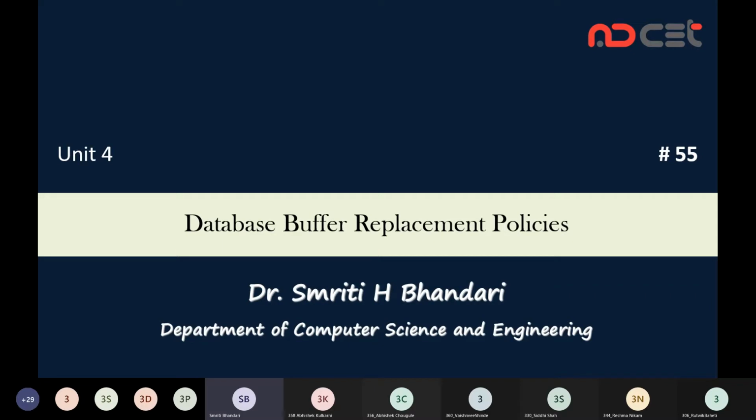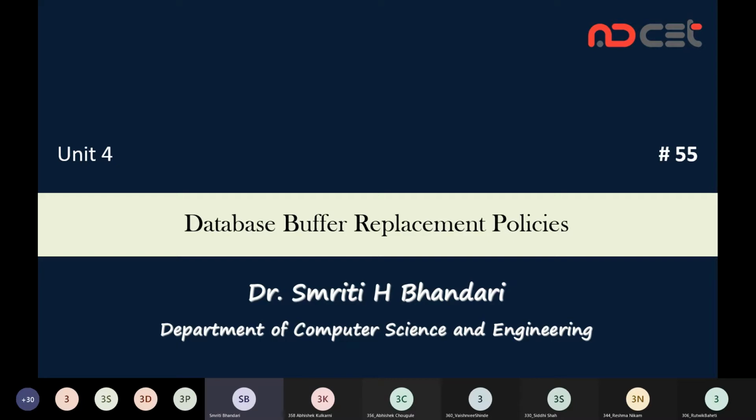In the last class, we have seen what is database buffer and what is meant by database buffer manager. So we have stated that the buffer is that part of main memory available for storage of copies of disk blocks.